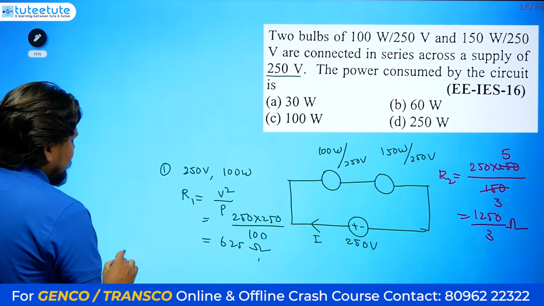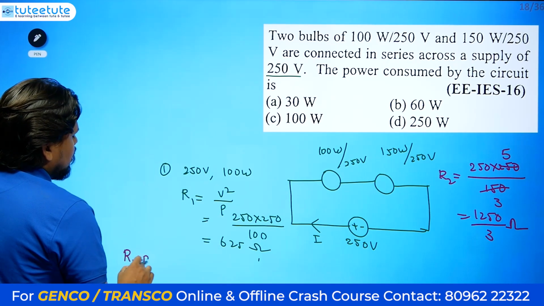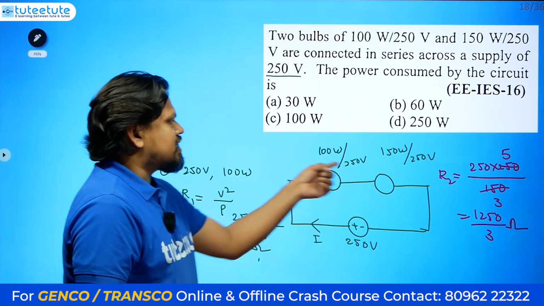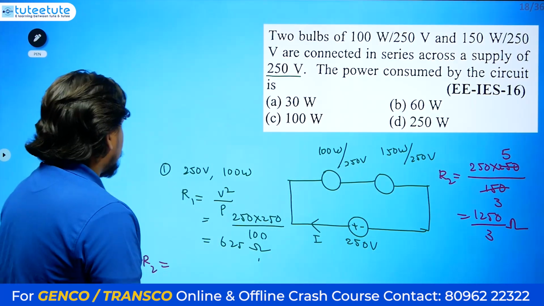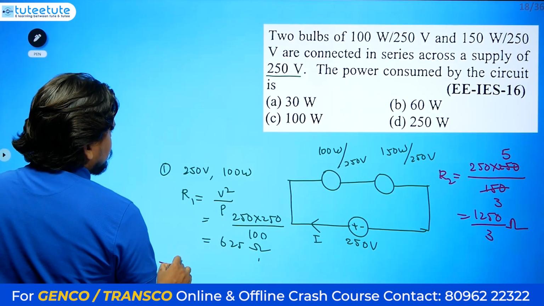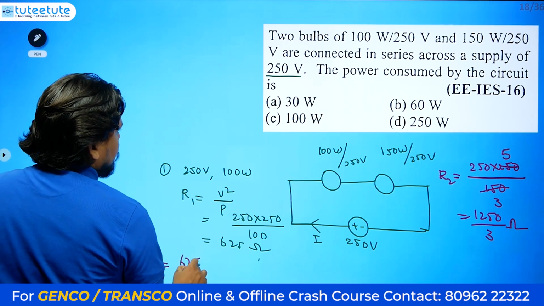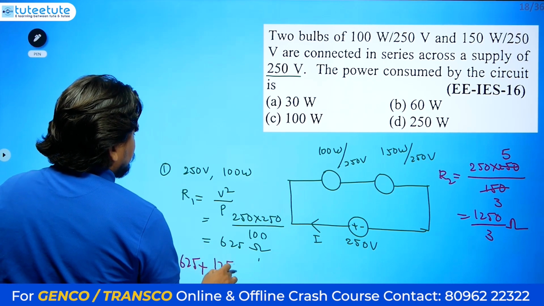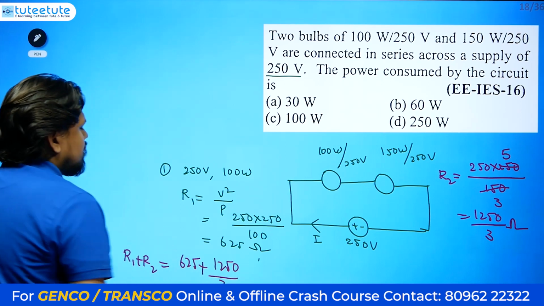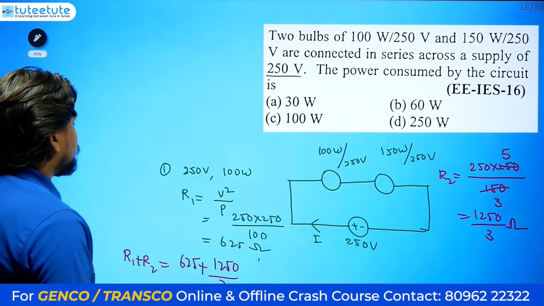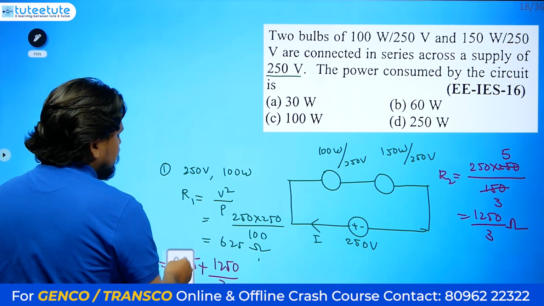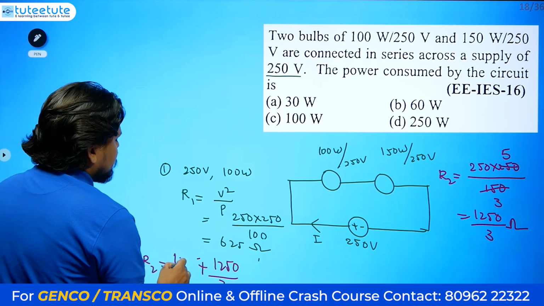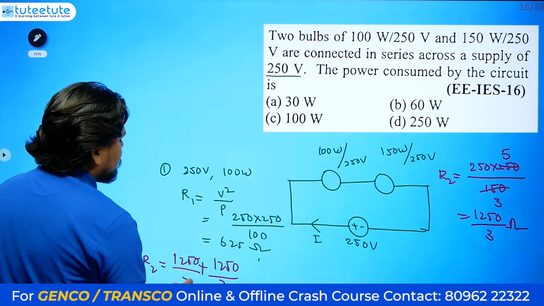If you check the complete resistance, R1 plus R2, you will get the complete resistance of this network or circuit. So 625 plus 1250 divided by 3. This 625 you can write as 1250 divided by 2.